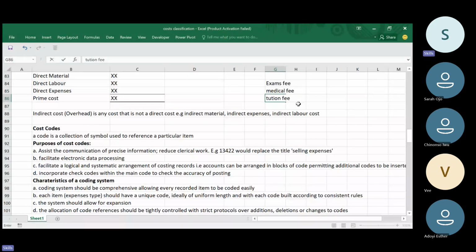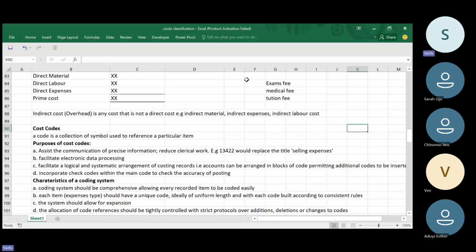You see now, if you want to quote these as revenue, they are a source of revenue, not expenditure to the school. So now you can code this.